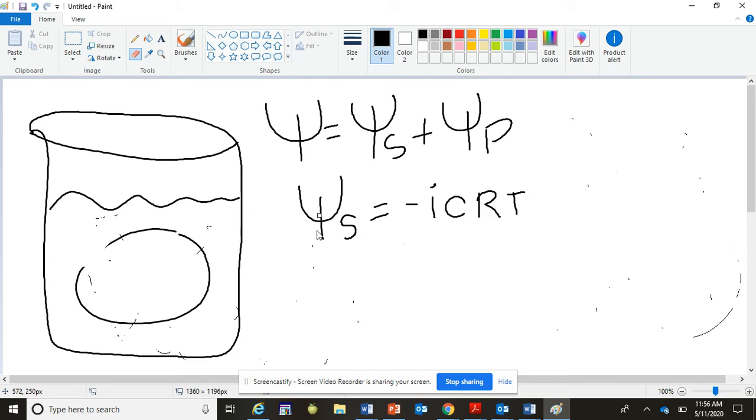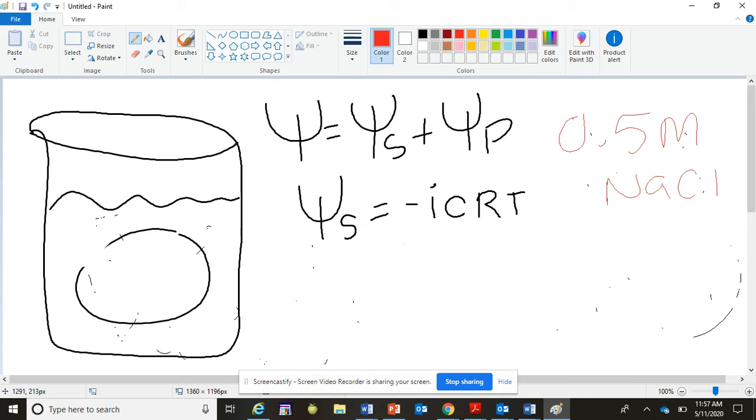Okay, so let's say we need to use this equation. Let's say that we're not given the actual solute potential, but we are given the concentration. So let's say that the molar concentration is 0.5 molar, and we're looking at NaCl.